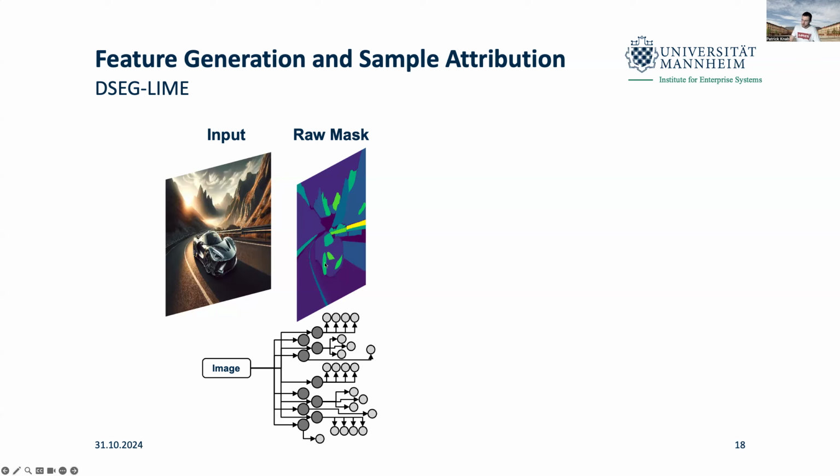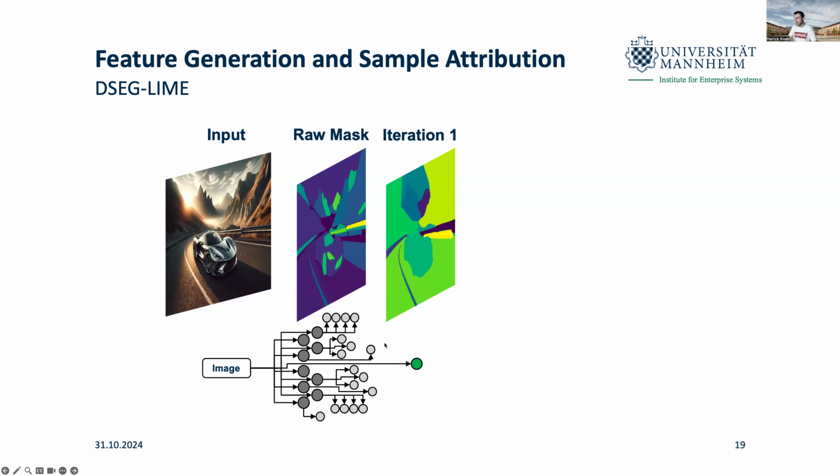Based on this image, we can construct our hierarchical tree within the DSEG-LIME framework, and the dark nodes represent the highest possible parent segments, and the light gray nodes are their corresponding children. In the first iteration, we only look at those dark colored nodes.